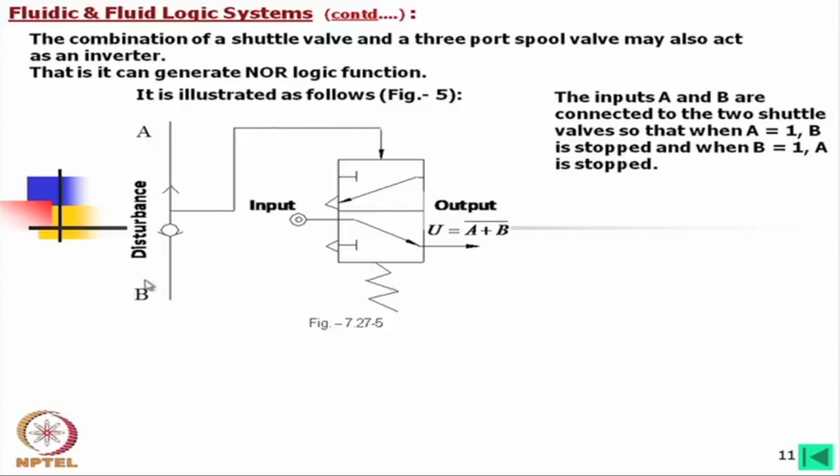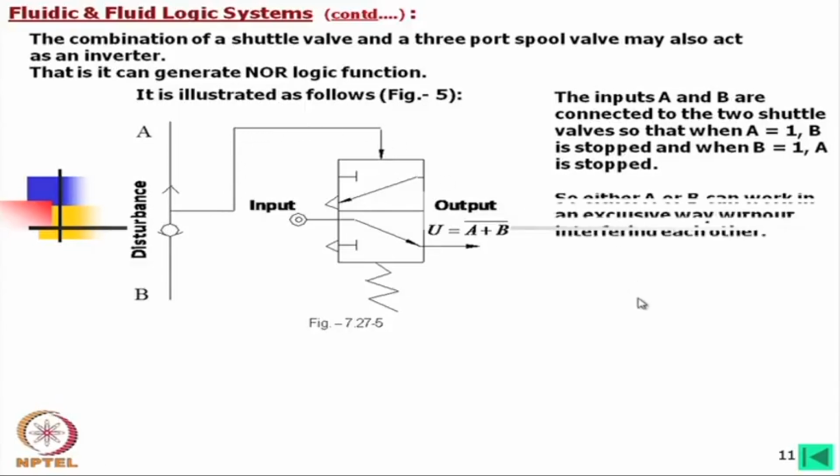That means either A or B will operate this. If flow comes from both sides, this will be operated also, because the ball will be in the intermediate position, but there will still be a passage to go here. So, this is basically an OR function. Either A or B can work in an exclusive way without interfering with each other.